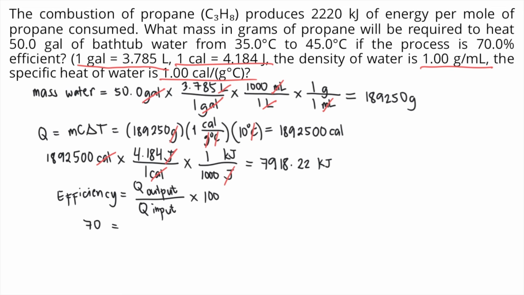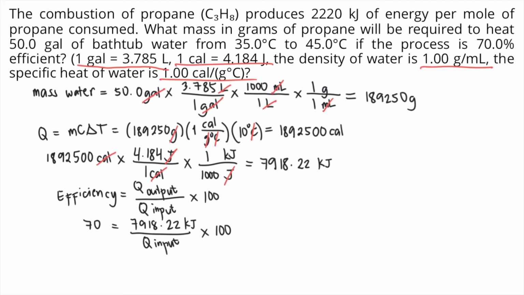Your output is the amount of heat that is required to heat up the bathtub. So that is your output, 7918.22 kilojoules, divided by your Q input times 100.